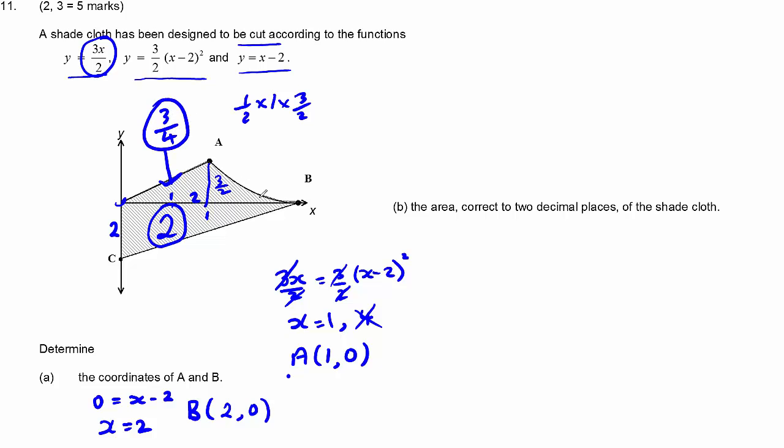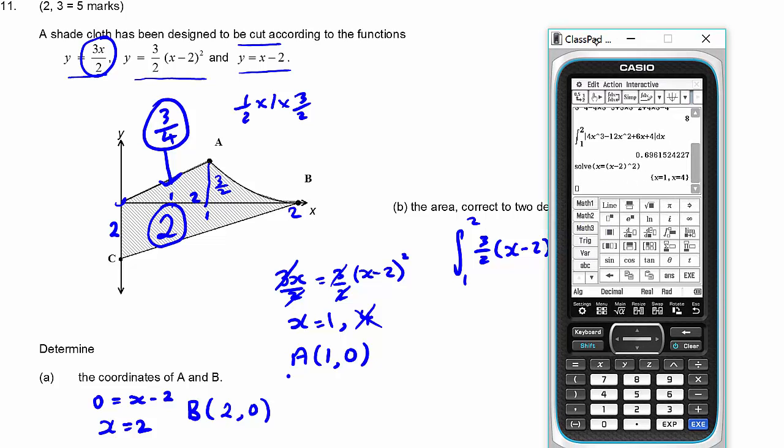And then we've just got this one to do here, which is going to be the integral of 3 over 2 times (x minus 2) squared from 1 to 2. And of course it's a calculator paper, so why don't we just do it on the calculator?